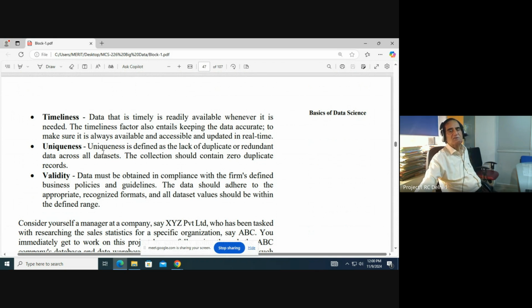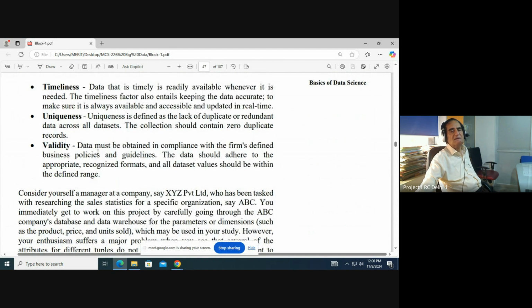The collection should contain zero duplicate records. Validity: data must be obtained in compliance with the firm's defined business policies and guidelines. The data should adhere to the appropriate recognized format. For example, when I was posted at the airport, I found the person was recording everything in inches, whereas we were recording everything in millibars and all these things.